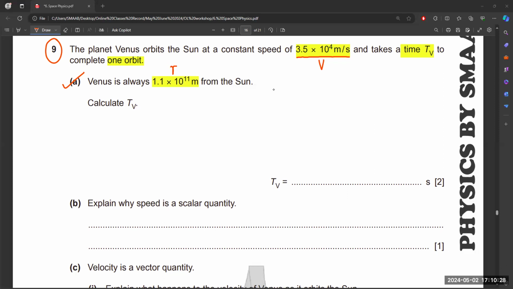Okay, now we have to find the time, and we know there is only one formula, the one for the orbital speed of the planets. From that formula we can calculate. The formula is speed = 2 pi r over t, or TV = 2 pi r over v, with the distance equal to 1.1 × 10^11.